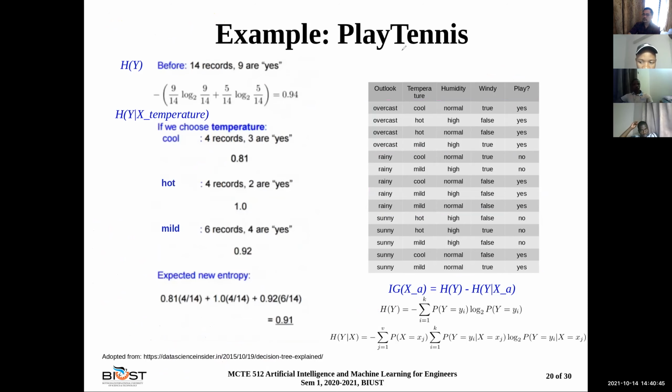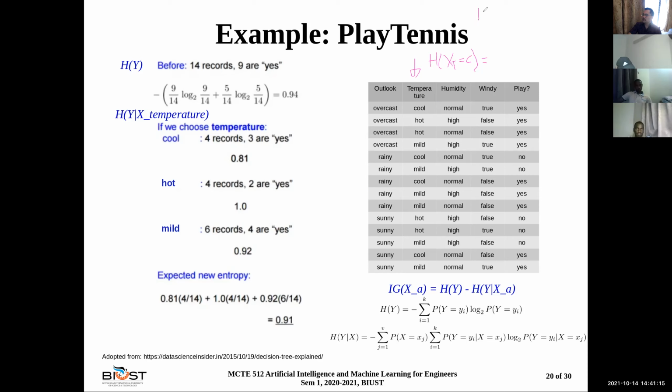Okay, next. So we go to temperature. Again, let's concentrate on the temperature. In this case we take temperature, absolute, there are three cases for the absolute entropy. You have H of X temperature equal to cool equal to what?